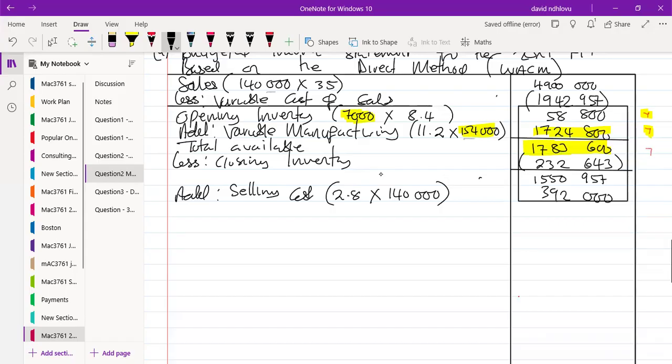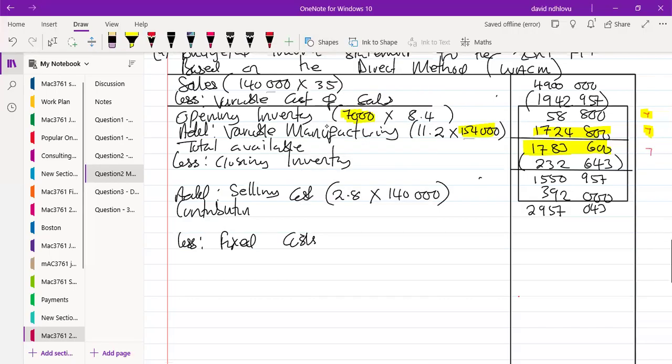From the 4.9 million, we are going to have a figure of 2,957,043. And what do we call that? Contribution per unit. There is no gross profit. Sorry, contribution in total. There is no gross profit in marginal costing. Then from there, we say less fixed costs.